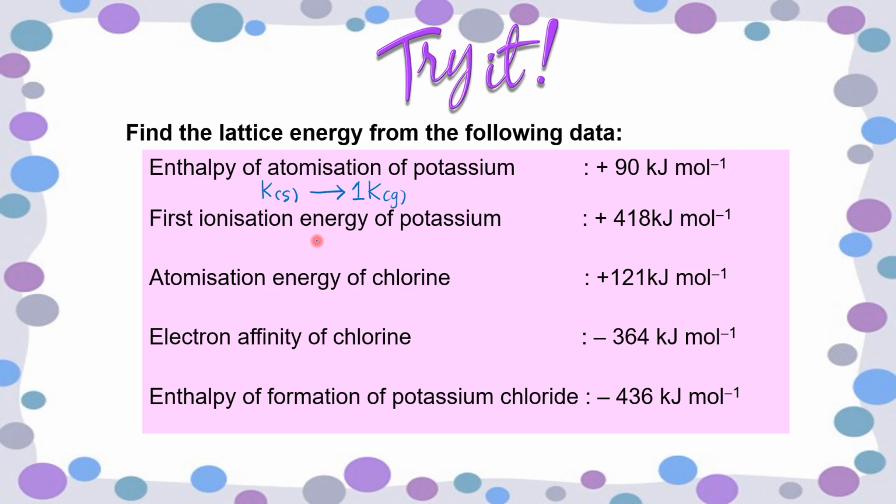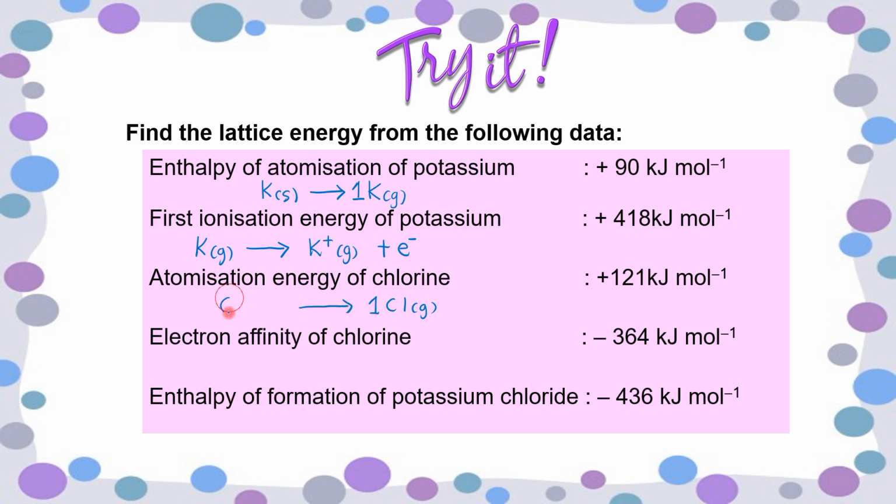So ionization energy of potassium. It should come from gaseous atom, remove one electron and produce K plus gas, with the electron at the product side. Atomization of chlorine, which means we want to form 1 mole of Cl gas from its element.